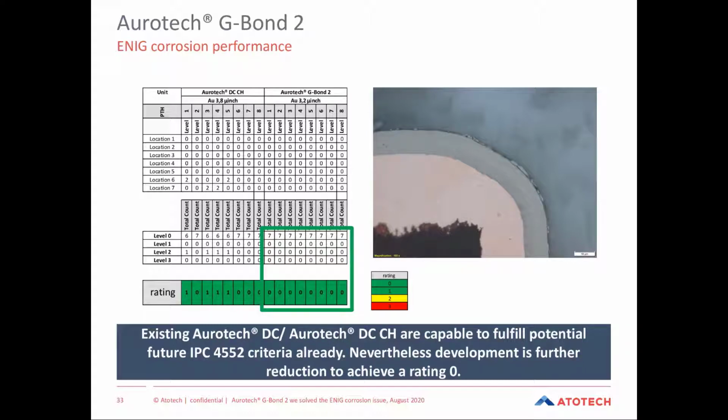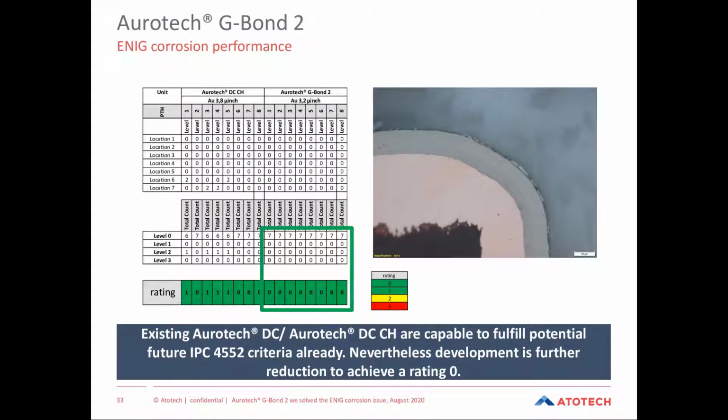So we categorize into certain classes: corrosion events with 0 to 20% of depth, corrosion events of 20 to 40% of depth, corrosion events of 40 to 100% of depth, and we may even see some surface corrosion. Then we categorize and say, if we don't see any corrosion, we call this level 0.